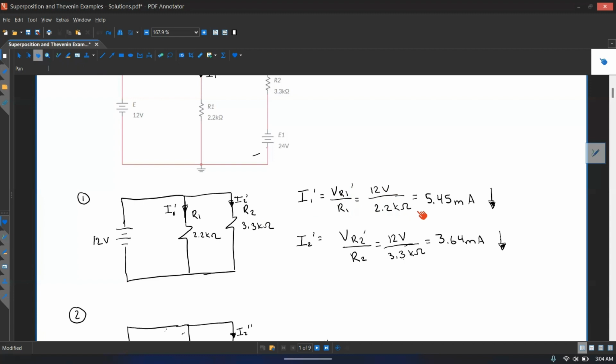And what I calculated is 5.45 milliamps. And notice I put this arrow going down because that's the direction of the current that's flowing through R1. It's flowing down.